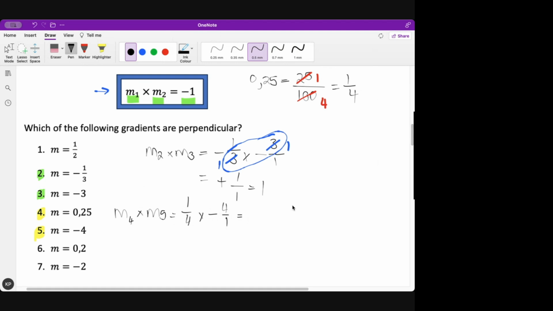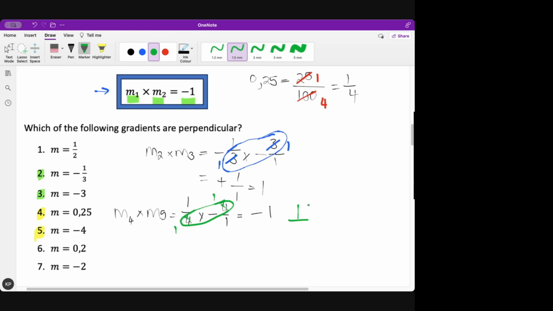A positive and a negative is going to give me a negative. And what is a quarter times 4? If you want to do the whole common factor thing, you can do that. This is once. My answer is negative 1. So are gradients 4 and 5 perpendicular, or lines rather? Yes, they are. So these are perpendicular.